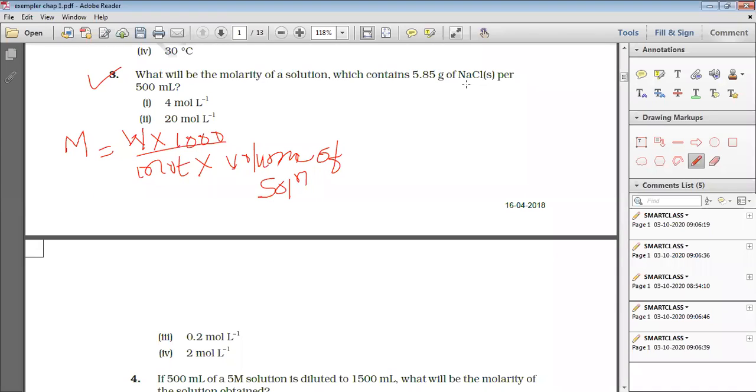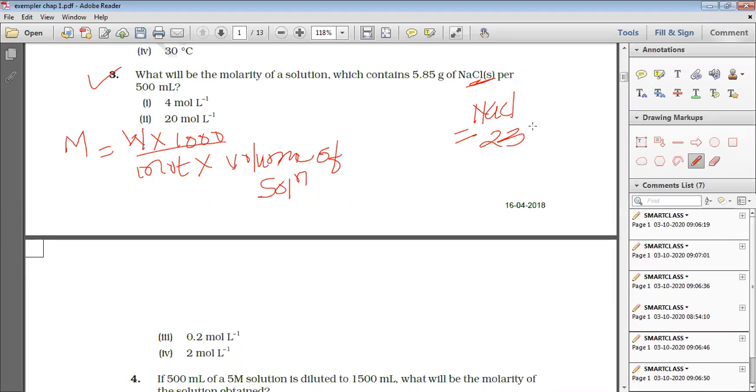Now here we have NaCl. So NaCl, that is 23 plus 35.5.